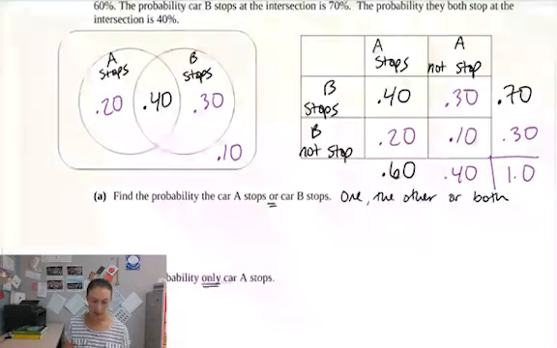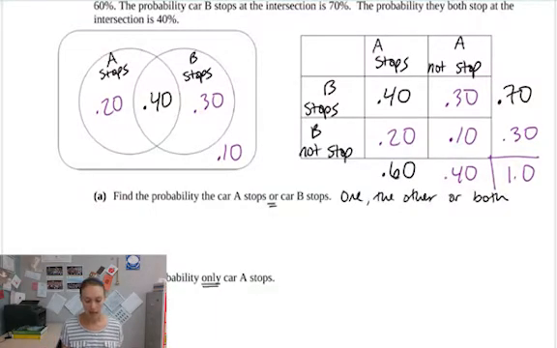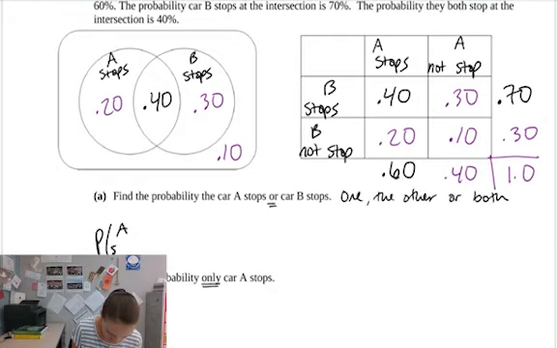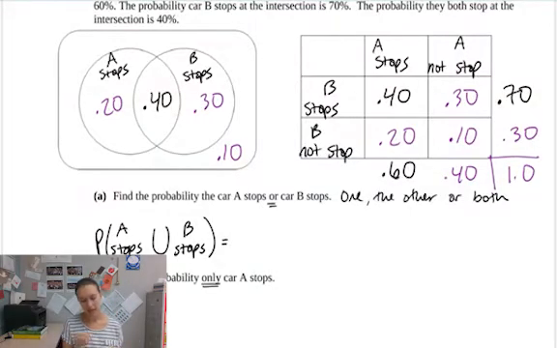Now for probabilities, doing those tables is showing your work. So when we do the probability, first we have to write that probability statement. So car A stops or, union, car B stops. So we can use the formula. We can just add up A stop, B stop, and both stop if we're looking at that Venn diagram.